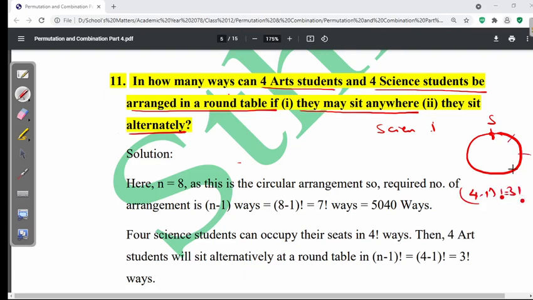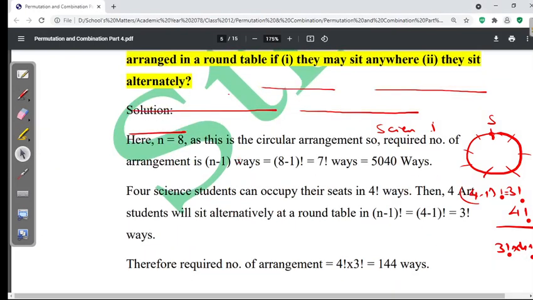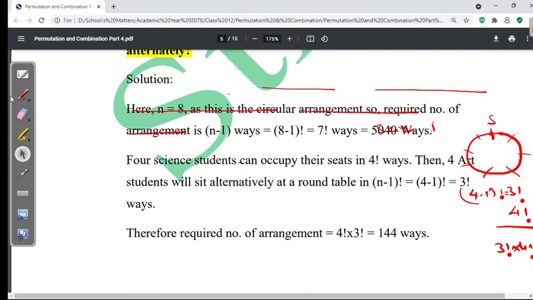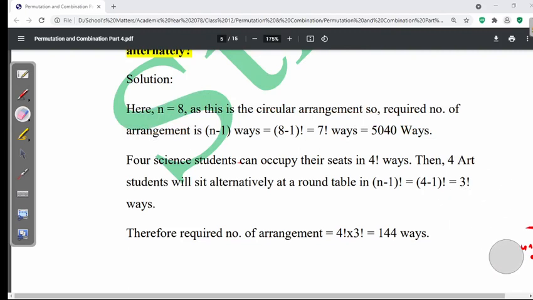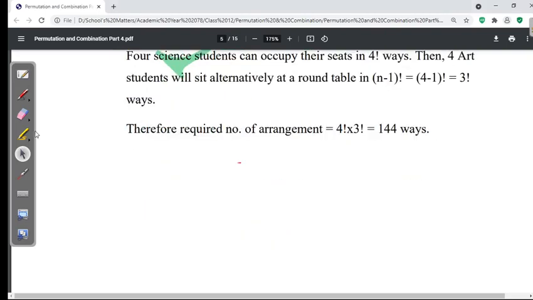Then arts students can be arranged in alternative places, that is in 4 different ways, and the product 3 times 4 factorial is the required answer for this question, which is 144 ways. Because if we fix one, then after that we can arrange in a linear form, and we get this answer.